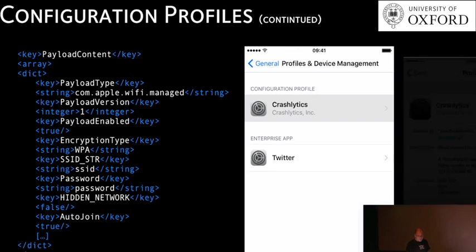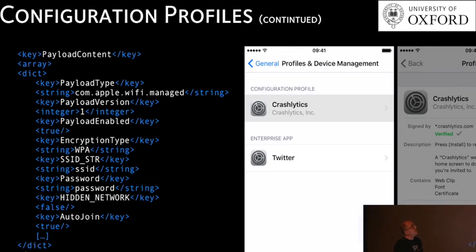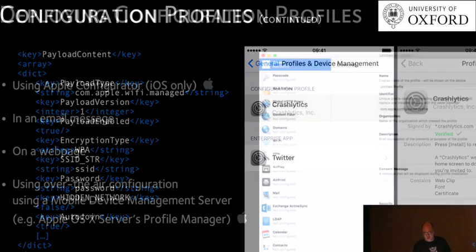So in this example here, the config profile configures a Wi-Fi. Here you find the SSID name, you find the encryption type, the password, and if the network is hidden or not. And the device should automatically join that network if it is available. So configuration profiles are really just plain, simple, signed XML.